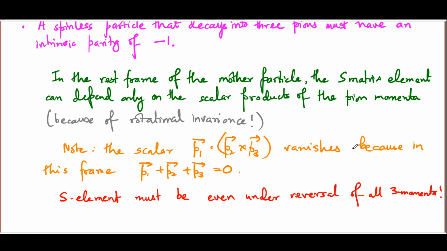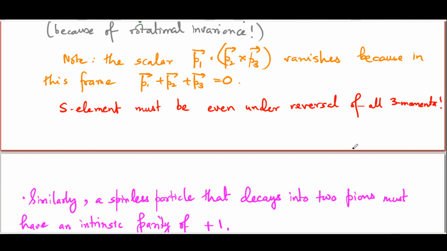So the S element must be even, and therefore the total intrinsic parity, in this case the product of the intrinsic parities of the outgoing particles, must be equal to the intrinsic parity of the original particle. And therefore, you must conclude that the intrinsic parity of the initial particle, the one which decays into 3 pions, must have been minus 1.